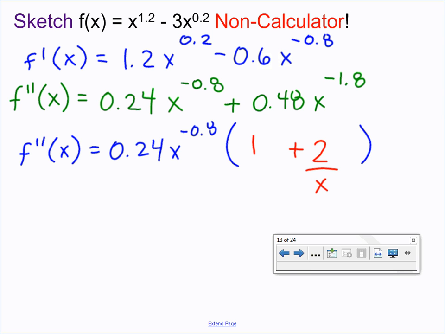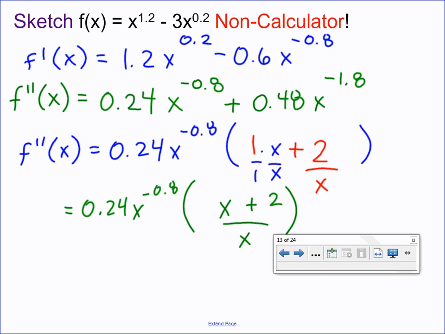Because x to the negative 0.8 times x to the negative 1 is x to the negative 0.8 plus the negative 1, which is negative 1.8. Is that right? So this would be times x over x. Also that we can do our possible points of inflection. So I'm getting x plus 2 all over x.